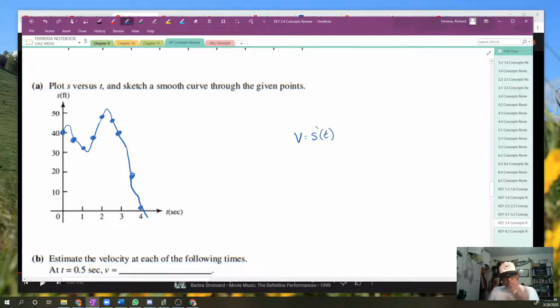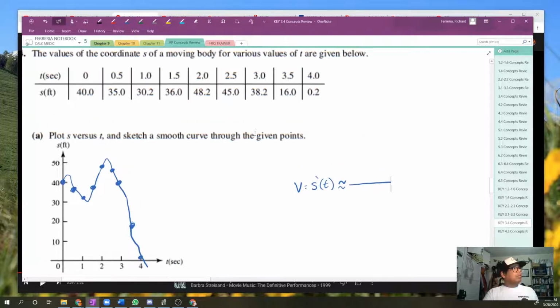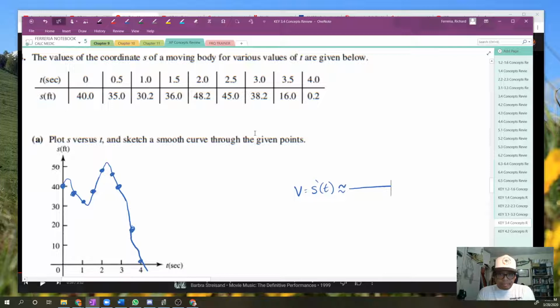And the derivative is always just a slope. So if you're going to estimate the derivative any place, you're basically just finding the slope. So you can find any 2 points which are close to 0.5 and use those 2 points to estimate the derivative.